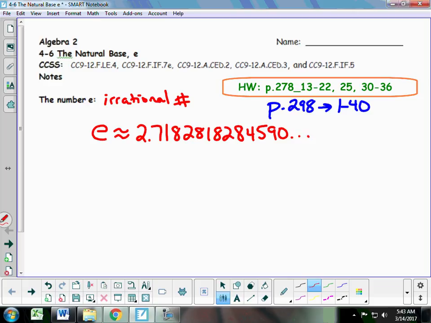It's called Euler's number, and Euler is spelled with an E. He's a mathematician who happened upon this number.